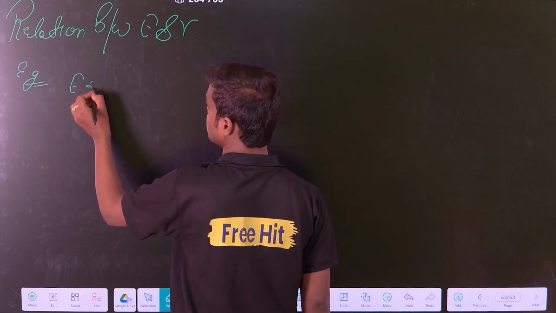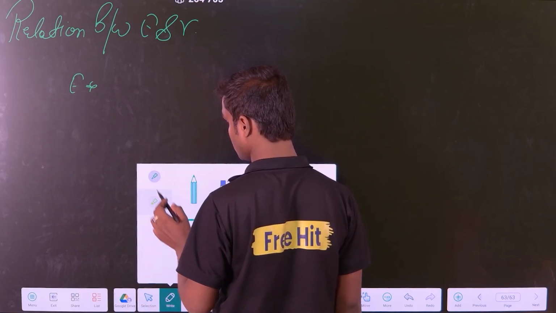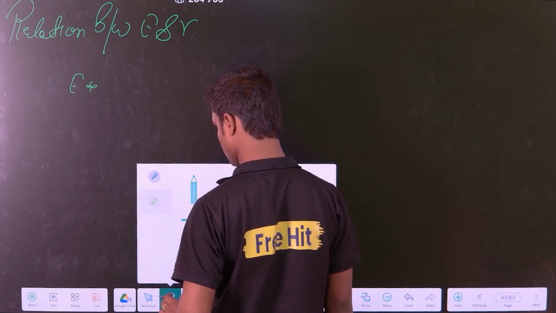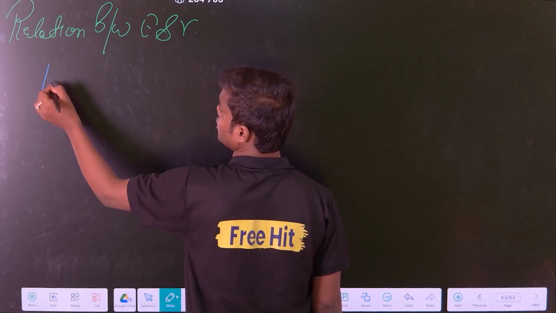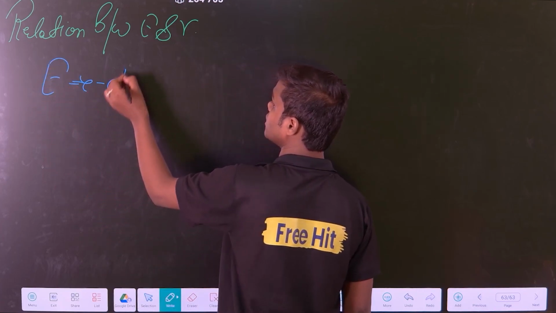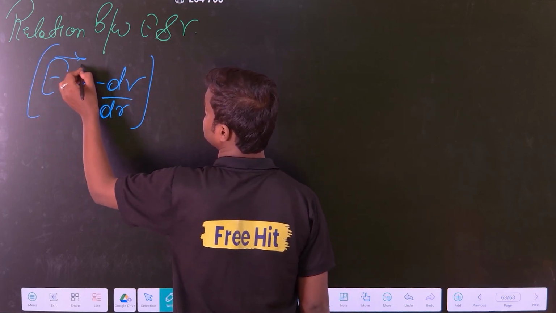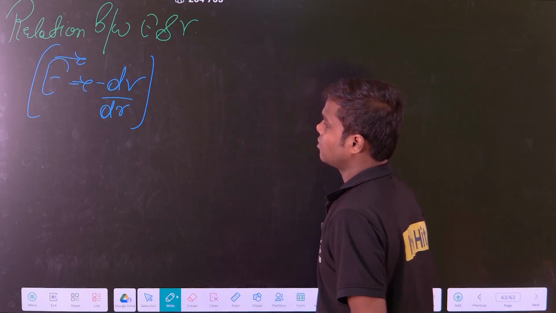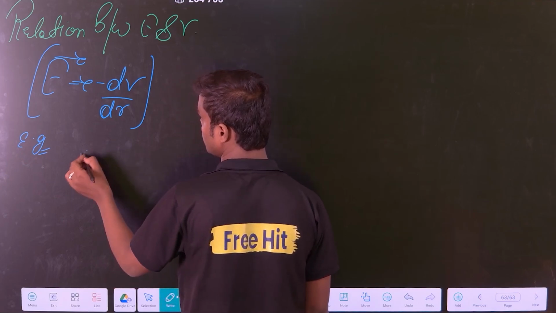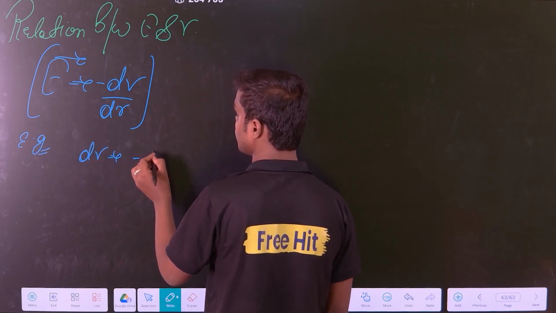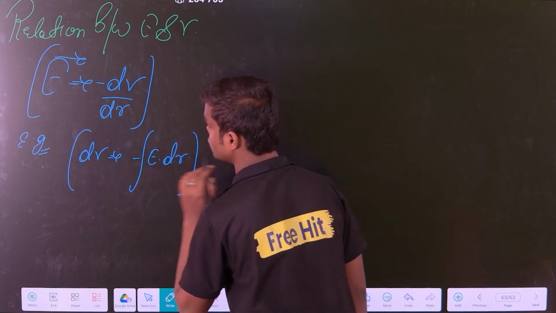The relation is defined as E vector is equal to minus dV by dr. So for example, if I ask you for the potential, dV is equal to minus E dot dr. Those are the two important relations which you have to remember.